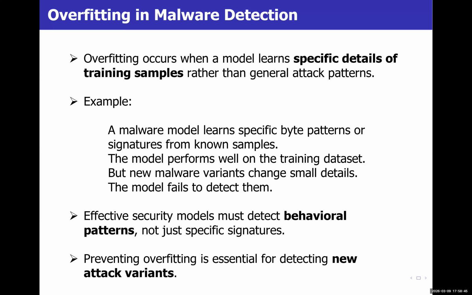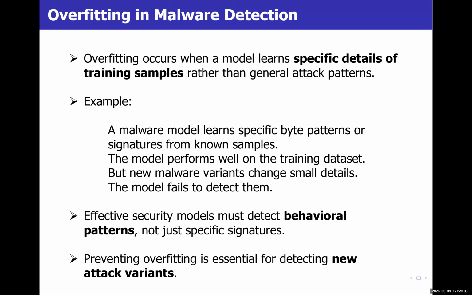However, attackers frequently create new malware variants that make small changes to their code in order to evade detection. If the model has memorized specific details of the training samples, rather than learning broader behavioral patterns, it may fail to recognize these new variants.